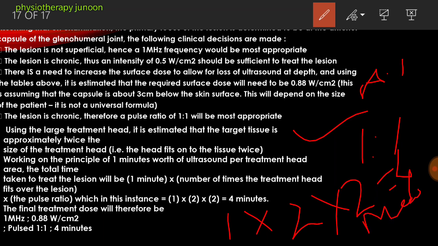Okay, next one more example: ultrasound treatment of a subacute lesion of the lateral ligament complex of the elbow and superior radioulnar joint. Assume that on examination, the primary focus of the lesion is determined to be the lateral ligament of the elbow joint itself together with the lateral portion of the annular ligament of the superior radioulnar joint.